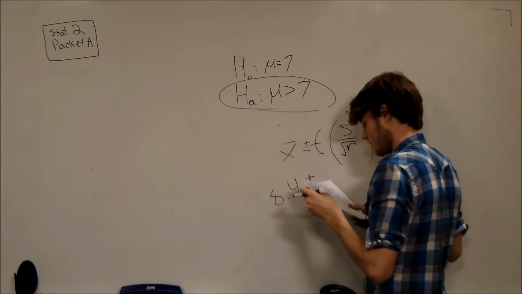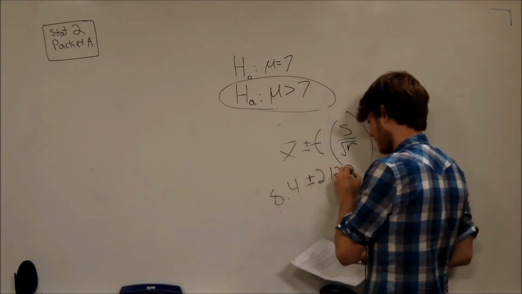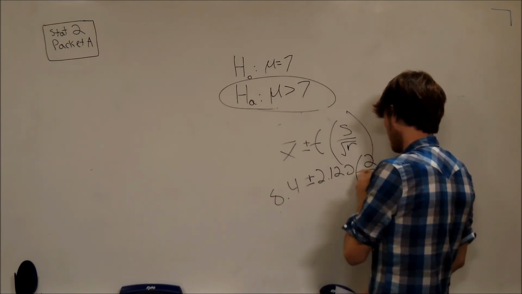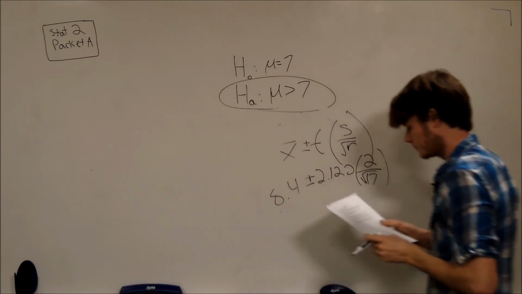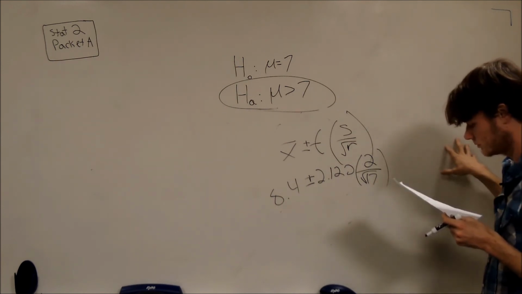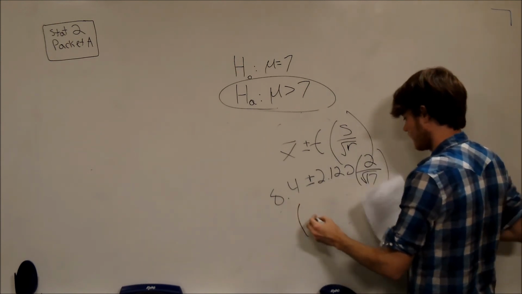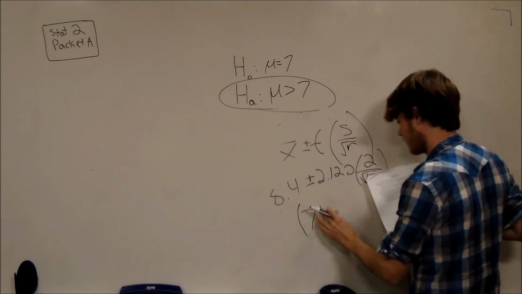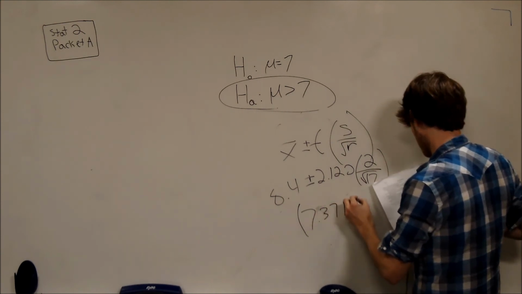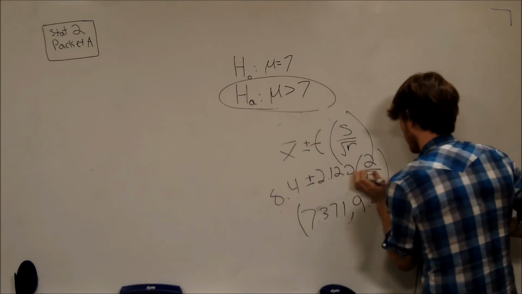The t value is 2.120 times 2 over the square root of 17. Which gives us the value 7.371 to 9.2428.